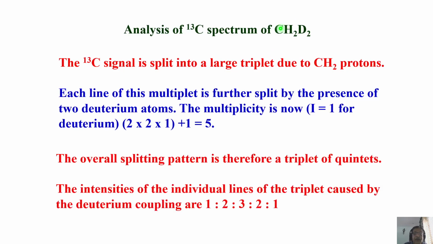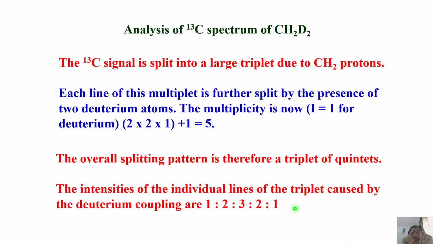Then what is going to happen? Each line of this carbon 13 triplet is split into 5 lines by deuterium. Why does it split into 5 lines? I told you in the previous example of proton. Just as it split proton into 5 lines, these two equivalent deuteriums also split carbon 13 into a 5 line pattern. So how many lines are you going to get? You get a triplet for carbon due to proton coupling, and each line of this triplet is split into a pentet of 1, 2, 3, 2, 1 intensity.